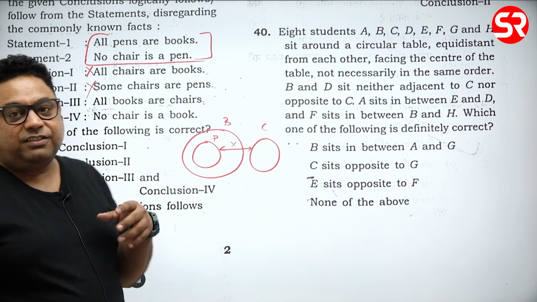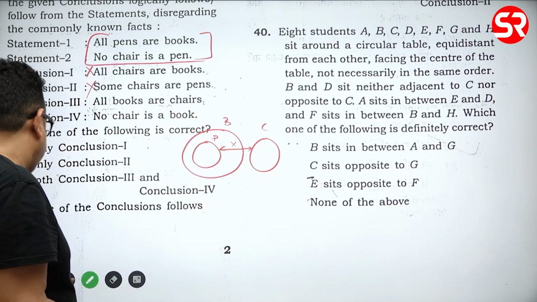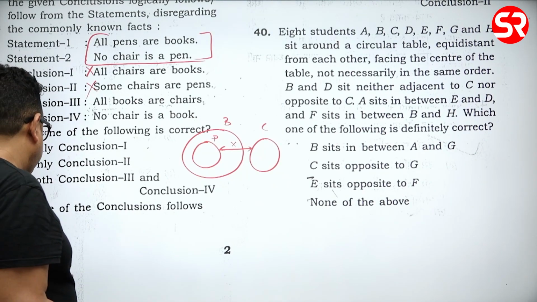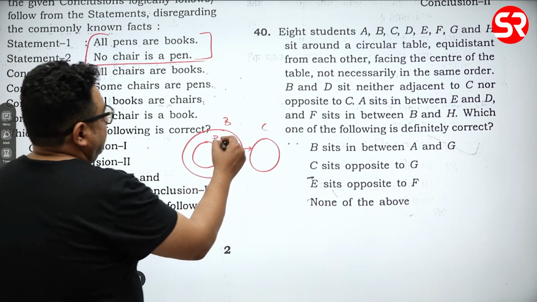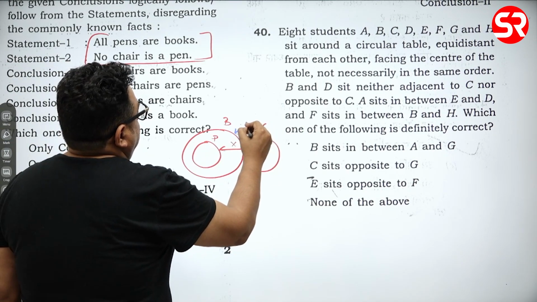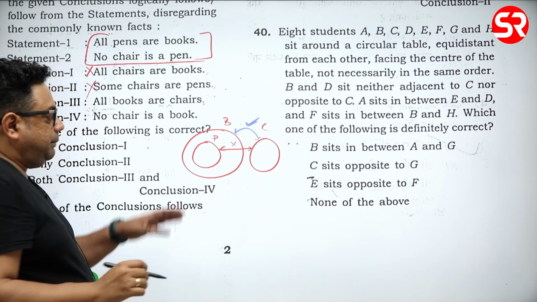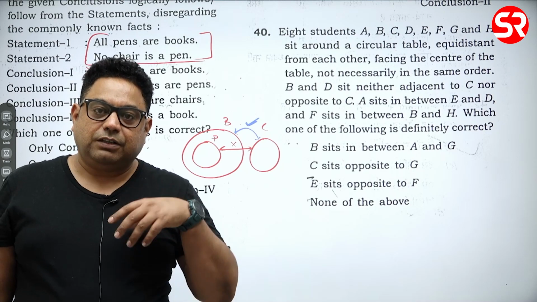Now see, there is no relationship between pen and chair, but we can draw a relationship between the book and the chair. Yes, there can be a relationship. In this picture it does not show, but when there is a no in the conclusion, we check all possible things.